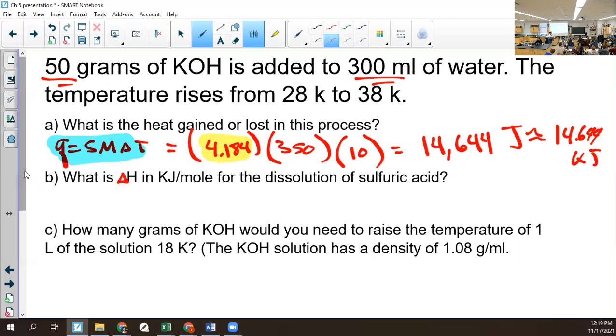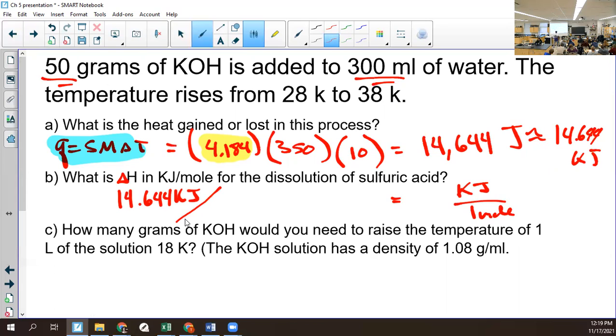I would take my answer, 14.644 kilojoules. Now, I want an answer that's kilojoules per 1 mole, so I'm going to divide this by the moles.